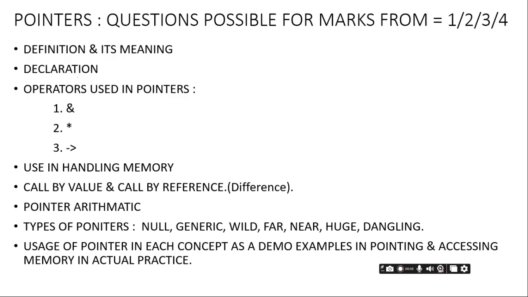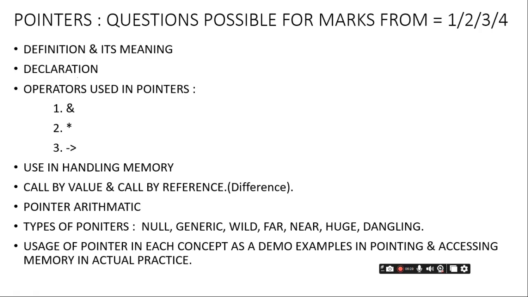Now, the next theoretical question in this unit is types of pointers. Basically, there are 8 types of pointers, namely null pointer, generic pointer, wild pointer, far pointer, near pointer, huge pointer, and dangling pointer.